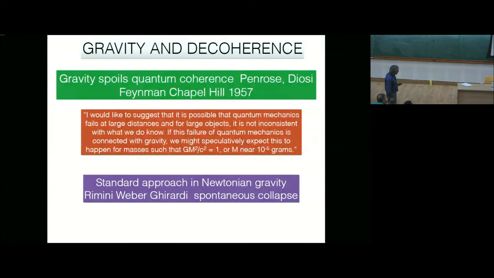For example, there's a model by Rimini, Weber, and Girardi where they say, apart from Schrödinger evolution, which is governed by unitary evolution, there are occasional flashes of spontaneous collapse. And all that stuff means new physics, and unless you have some experimental support for that, it's not really something we would accept. I find it dissatisfying, so I will just ignore all previous work on this subject.